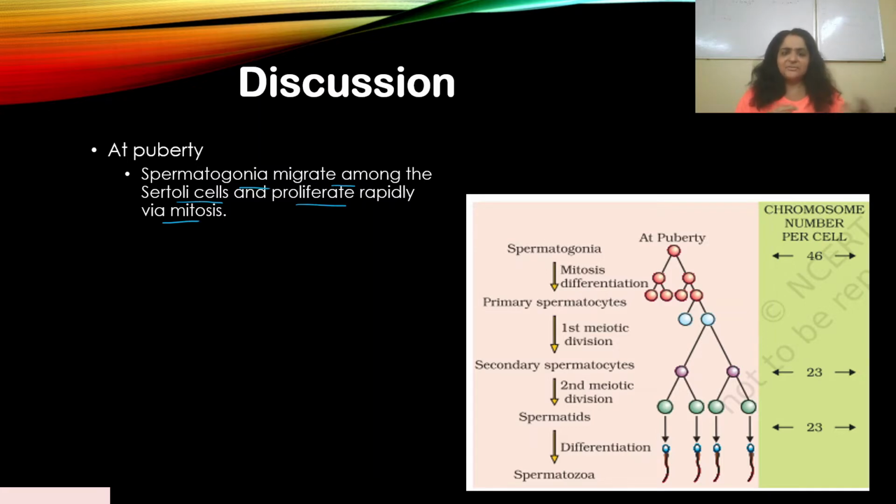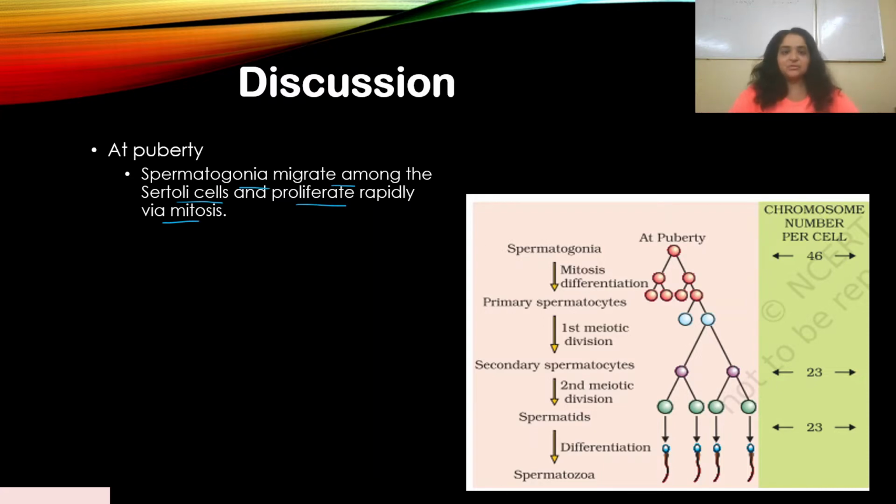Also, like I've previously explained in part 1, these male germ cells form cytoplasmic bridges with the Sertoli cells. If Sertoli cells were absent for whatever reason, these germ cells would not be able to develop into sperms. So the spermatogonia migrate among the Sertoli cells and proliferate rapidly via mitosis, increasing in number.